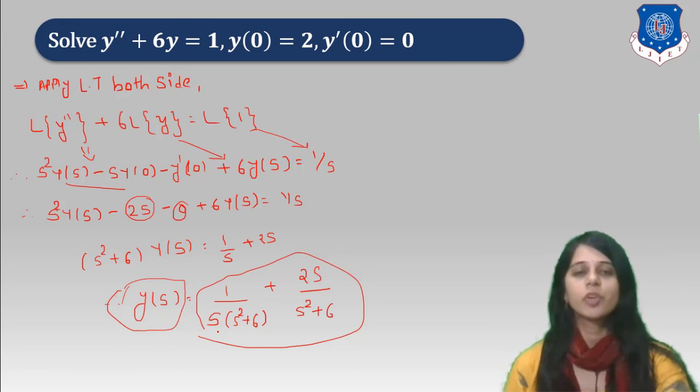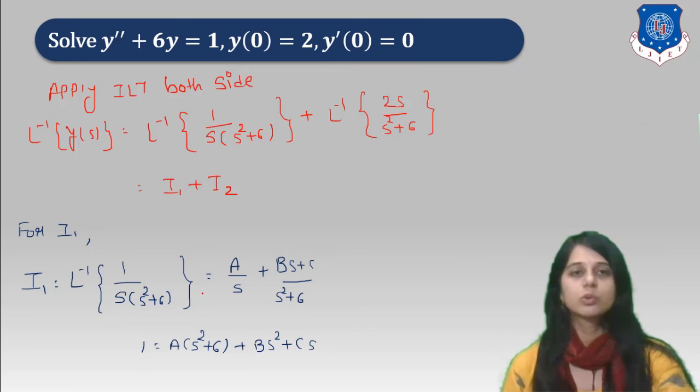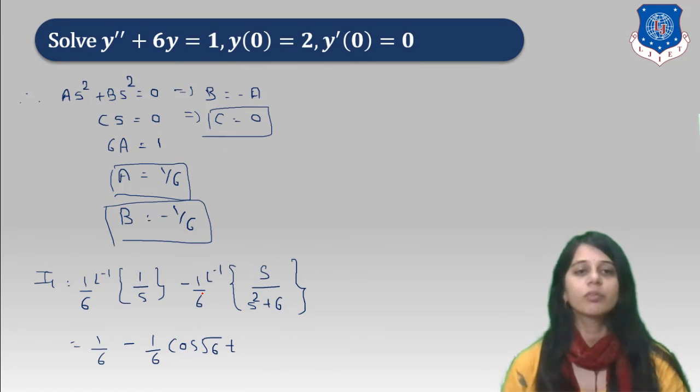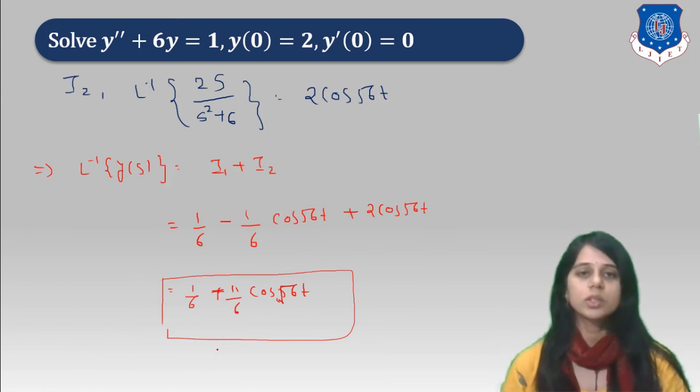After this step, we take inverse Laplace transform from both sides and find the inverse Laplace transform for the individual parts. We take here I1 plus I2. To solve I1, we get 1 upon 6 minus 1 upon 6 cos root 6t, and I2 is 2 cos root 6t. Put the values of I1 plus I2, we get the last answer of the example.